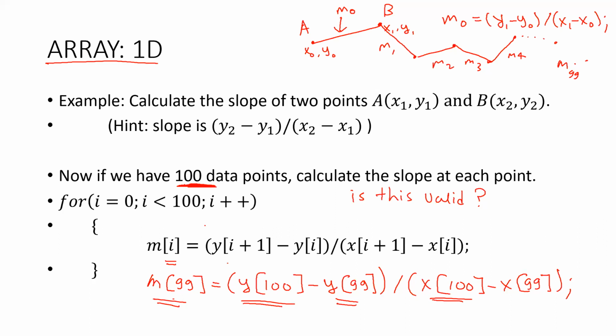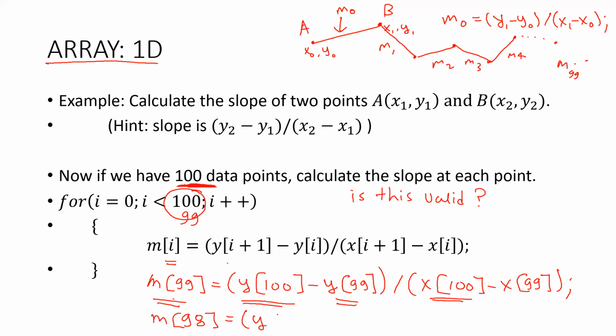So kita kena tukar. Apa yang kita perlu tukar? Kita perlu tukar this stopping criteria. So kita kena tukar sampai 99 sahaja. Sebab bila kita sampai 99, dia akan jadi M98. Sebab 99 dia dah tak valid dah.